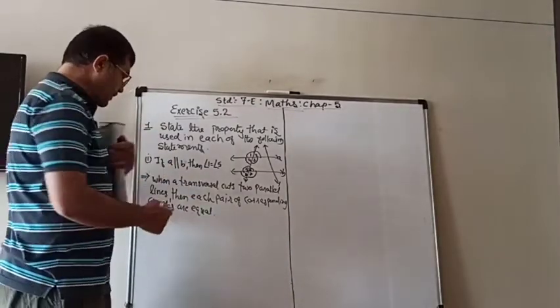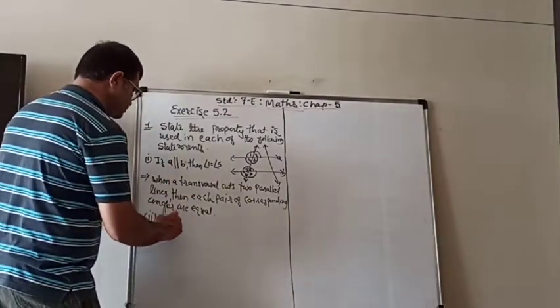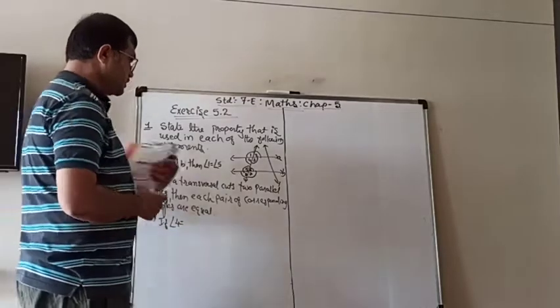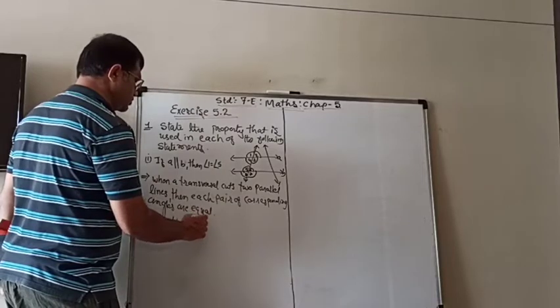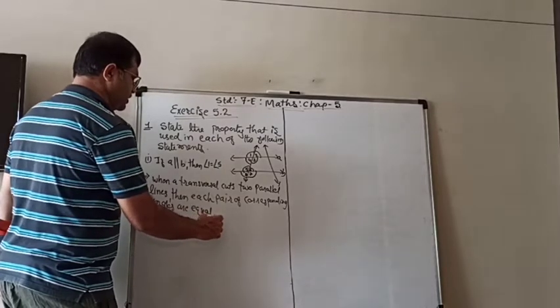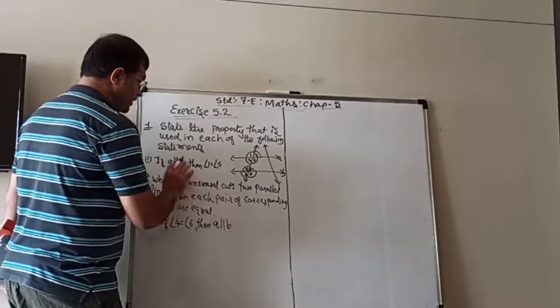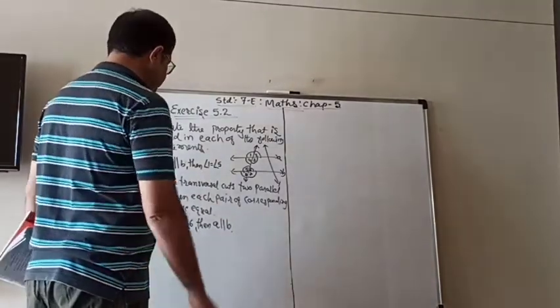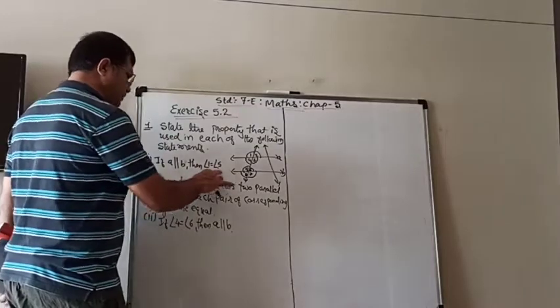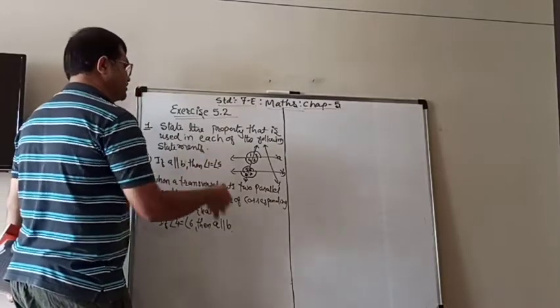Second, if angle 4 is equal to angle 6, then A is parallel to B. Here it is the reverse thing. Here, A is parallel to B was given, and because of that angle 1 is equal to angle 5.